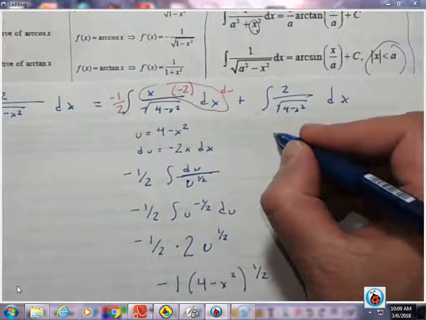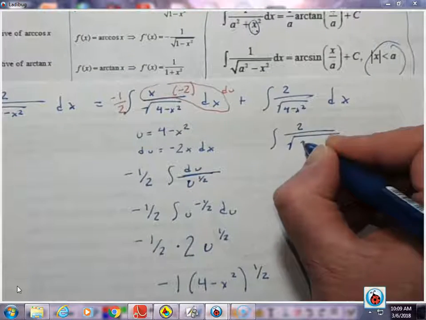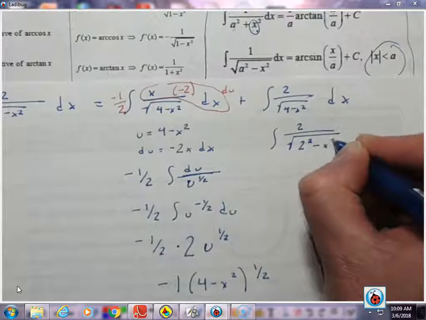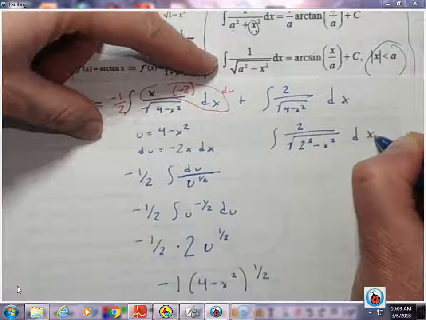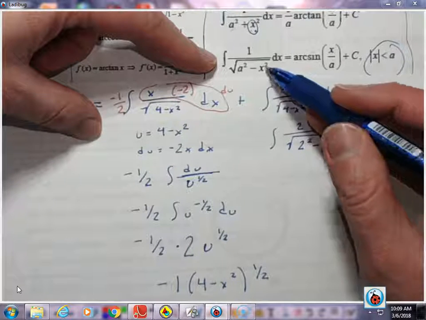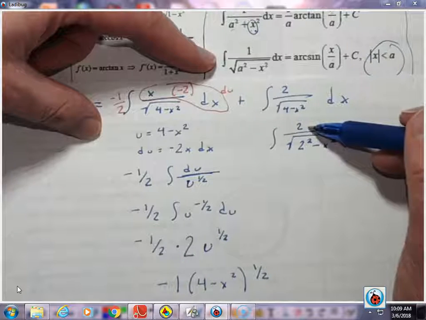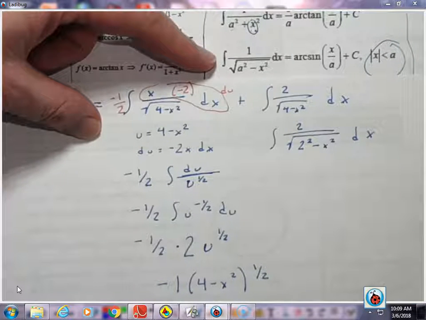Okay, so if we rewrite it, I think I'm just going to call it the square root of 2 squared minus x squared. Just so it looks like this, I can tell what my a is. So my a is 2. My x is just x, so that means I don't really need a u substitution. What about this 2 in the numerator?